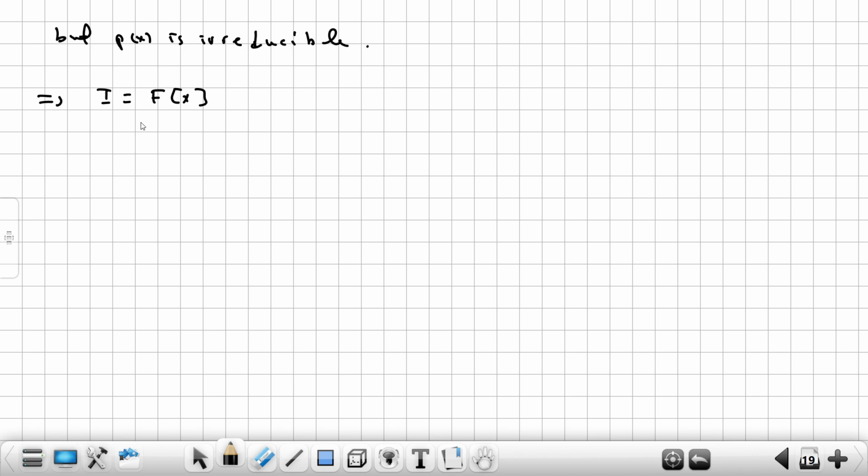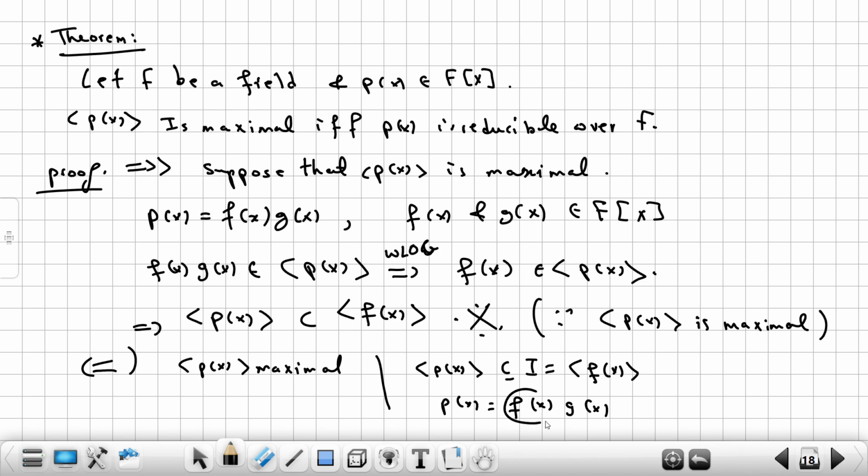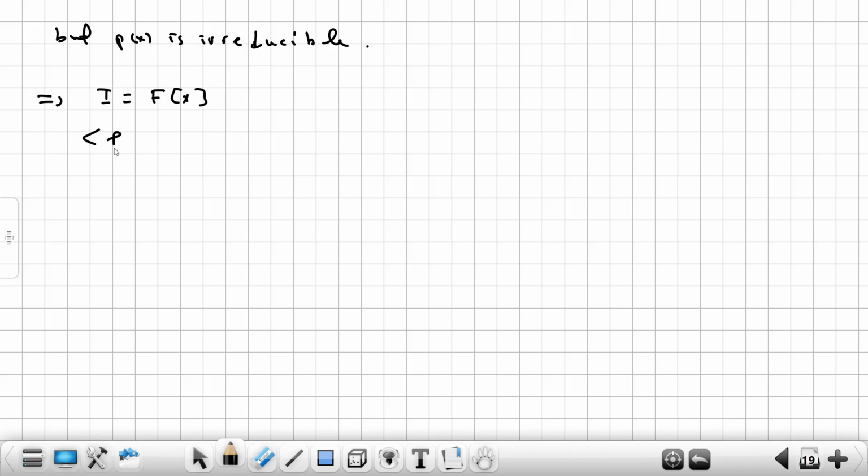If f of x is a unit, then I, which is generated by f of x, is generated by a constant, and the ideal generated by a constant is the whole ring. Now, if g of x is a constant, then f of x must be equal to p of x, up to a constant. Two polynomials differing by a non-zero constant generate the same ideal.